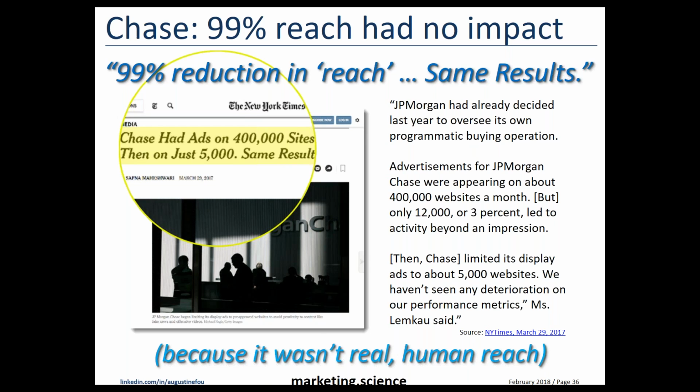That's a 99% reduction in reach, but they saw no deterioration in their performance metrics. That means most of that reach was not necessarily shown to human audiences. So by cutting all that out, there was no negative impact on their performance.